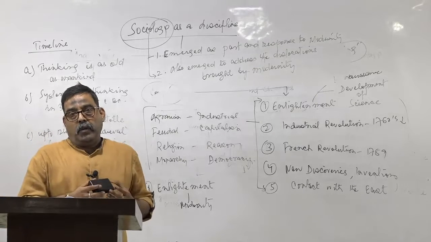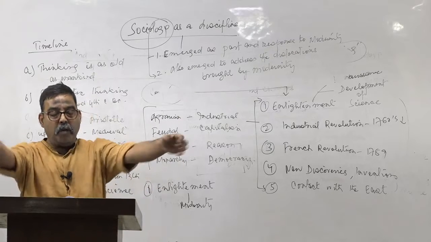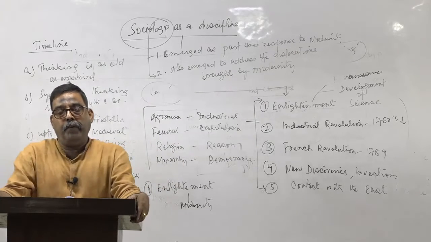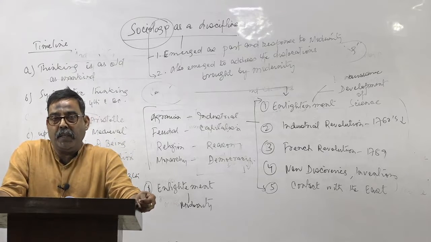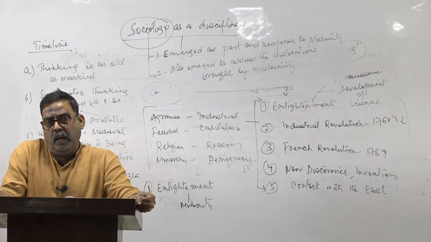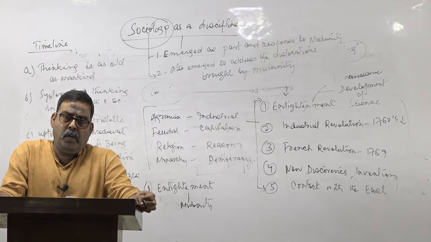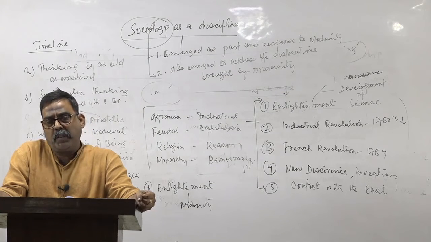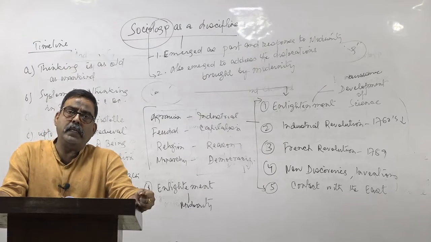I told you that when we're talking about, in brief, the modernity in Europe, consequent changes and emergence of sociology, then we also need to talk about how, when sociology started developing, certain theoretical stances started emerging.